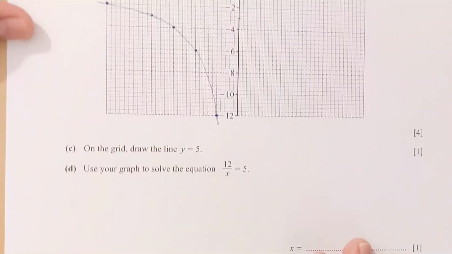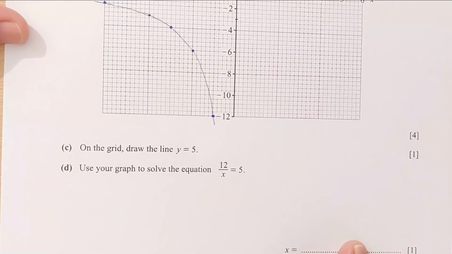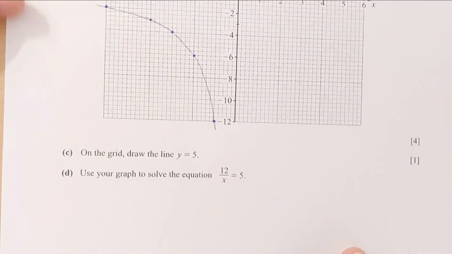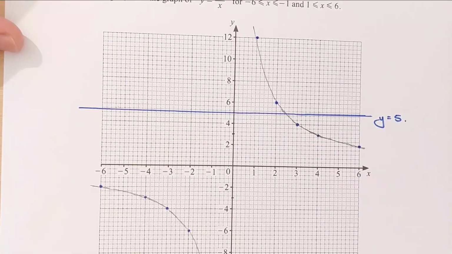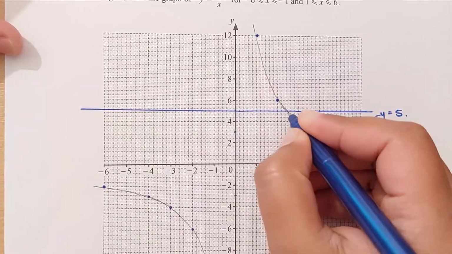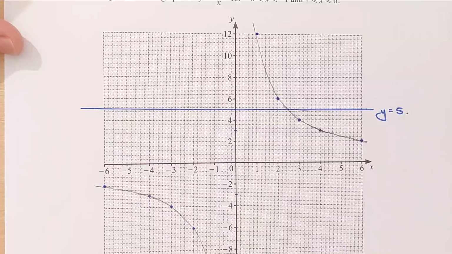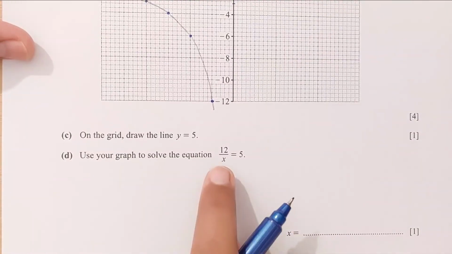Now for part D, use your graph to solve the equation 12 over x equals 5, right? So at what point does it cut? This is the curve, and the line cuts it at this point. Let me find the x value, because it asks for just the x value.